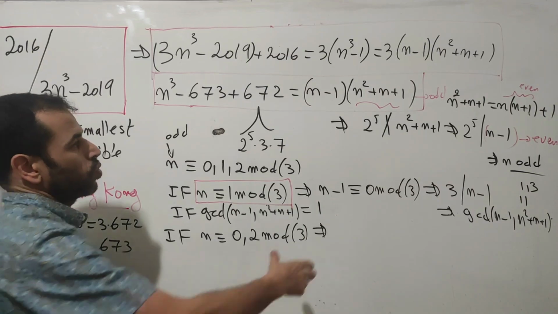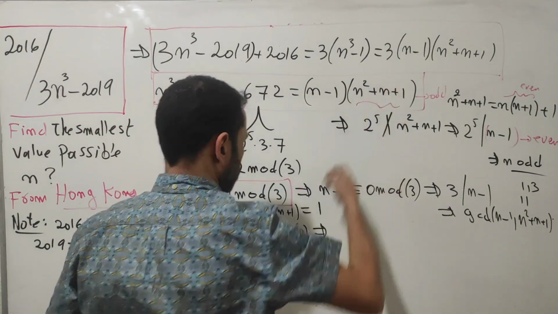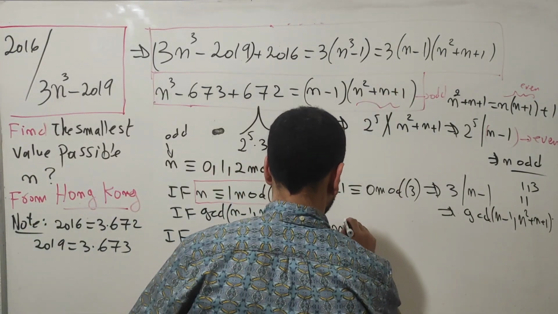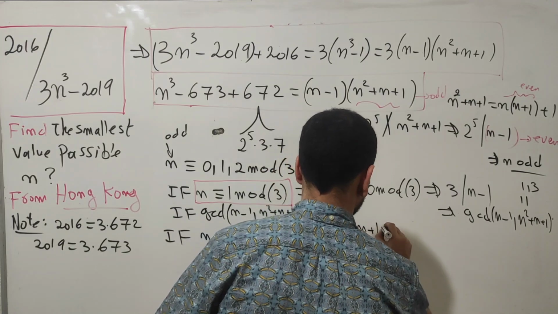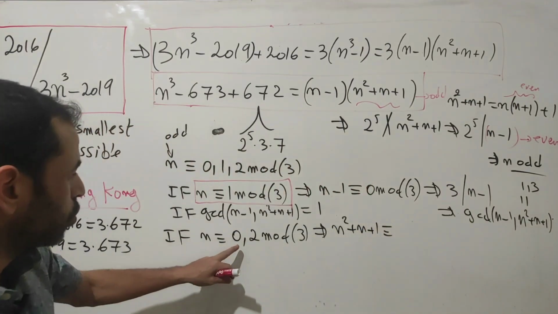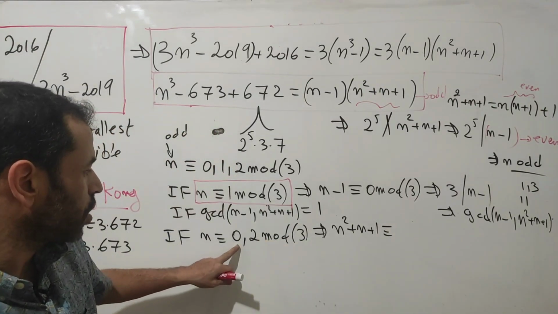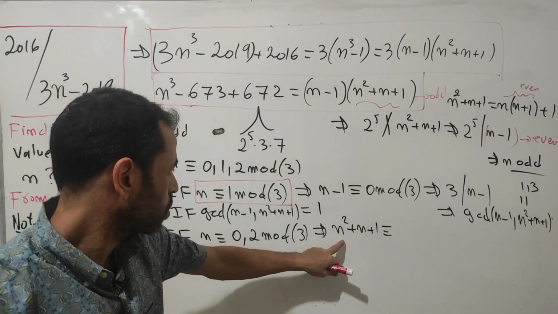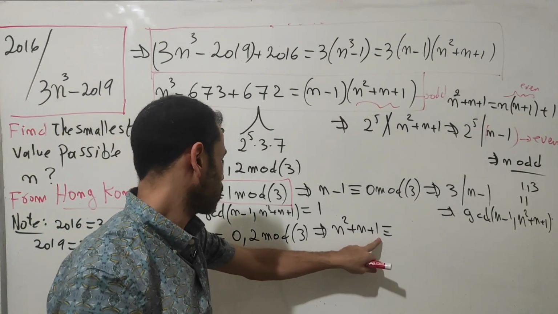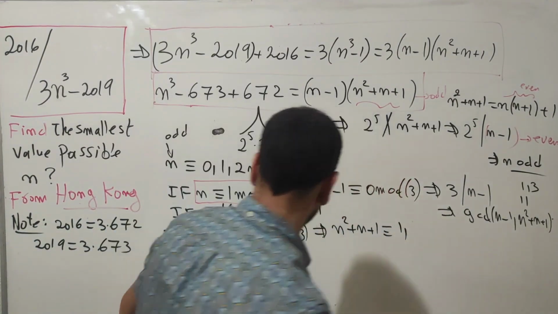So let's apply this on the second term. You get n squared plus n plus 1 is congruent to, we are going to add 0 or 2 on both sides. Adding 0 gives us 0, 0, 1, so I will have 1 here.